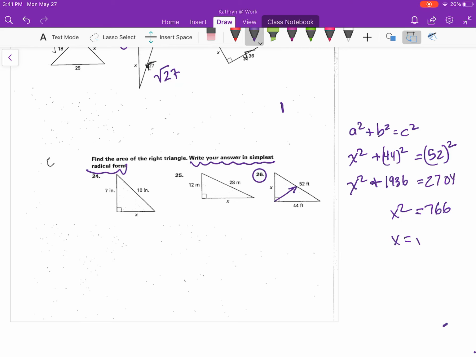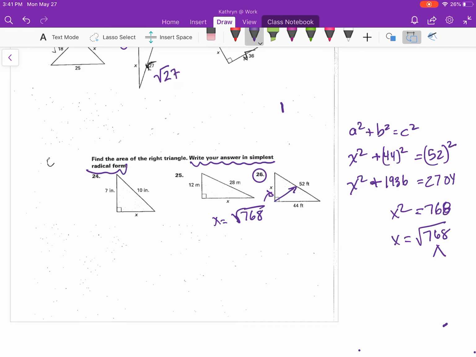I'll take the square root of both sides. 768, not 66. And so let's see, I'm going to probably need to break that down eventually, but for right now we'll leave it right where it is. So here's the side: x equals the square root of 768.